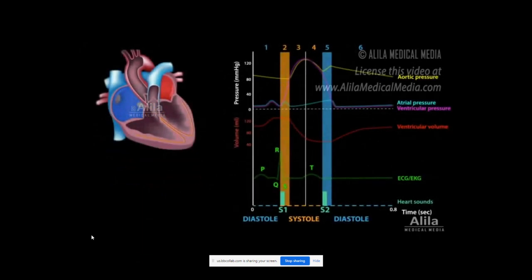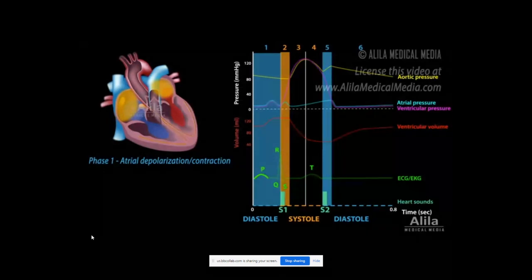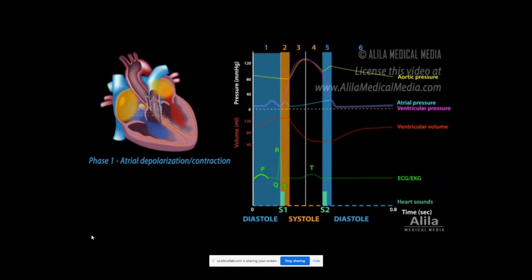The cycle is initiated with a function of the SAO that stimulates the atria to depolarize. This is represented by a P wave on the ECG. Atrial contraction starts shortly after the P wave begins and causes the pressure within the atrium to increase, forcing blood into the ventricles.